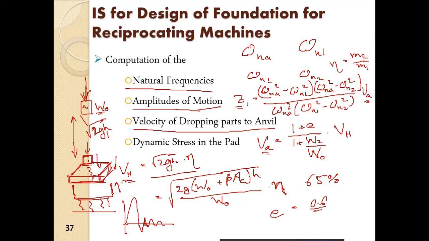Some amount of energy is absorbed by this elastic pad, which is taken care of by introducing this coefficient of elastic restitution. So to find the amplitude, you will use this VA, not the VH, the fall of the hammer.